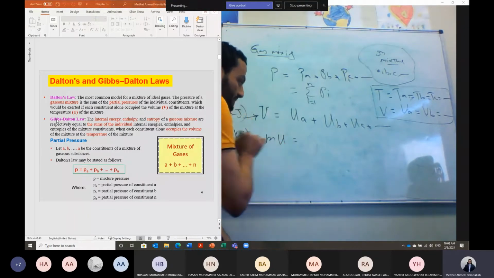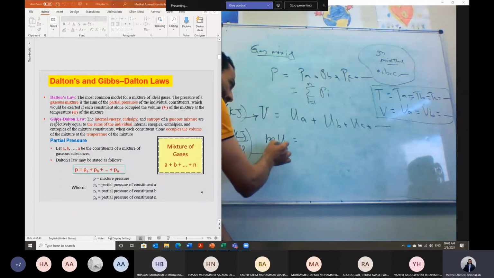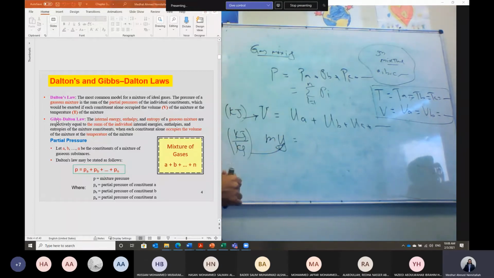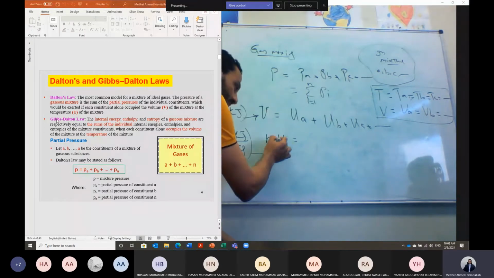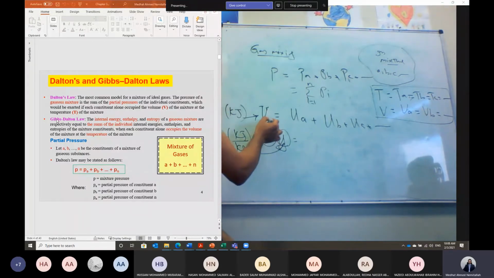We call it u, small u. This is the specific internal energy, in kilojoules per kilogram. If we multiply the specific internal energy by the mass, we get the total internal energy, which we call U, capital. The total internal energy is equal to mass multiplied by the specific internal energy.